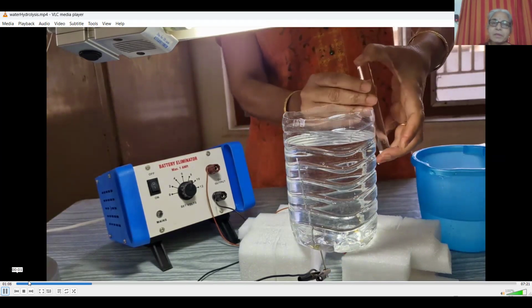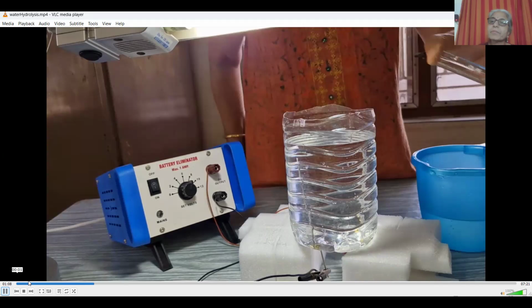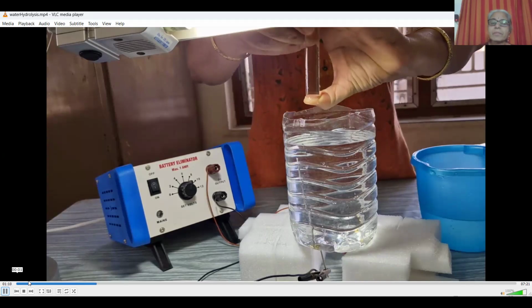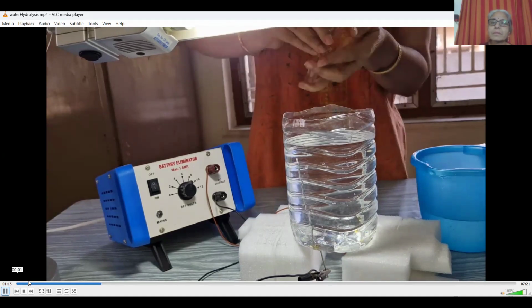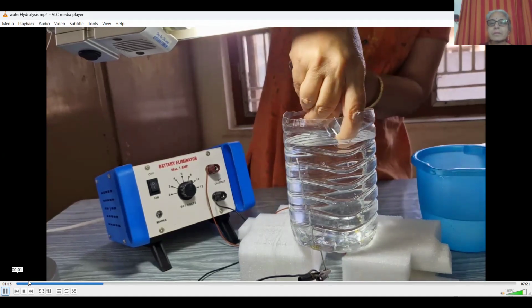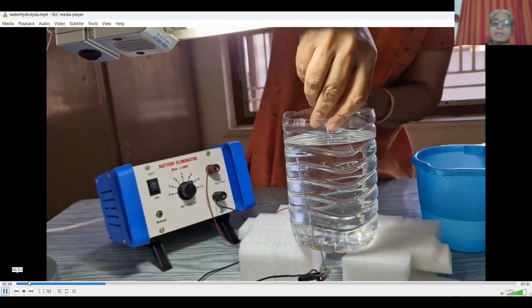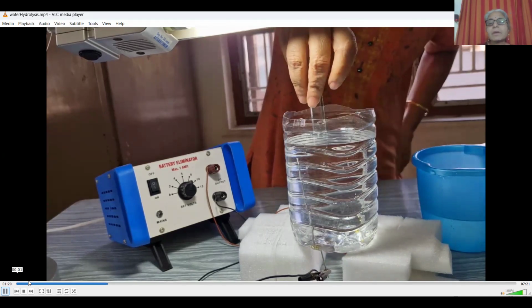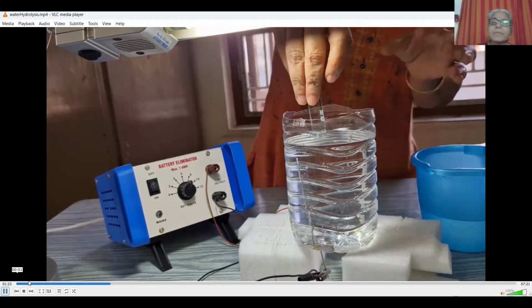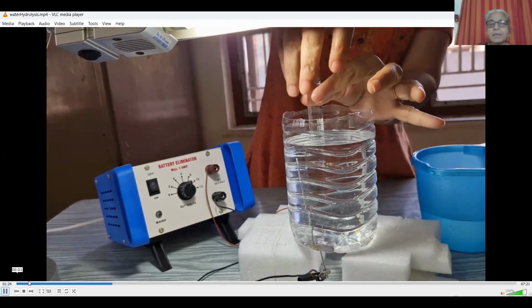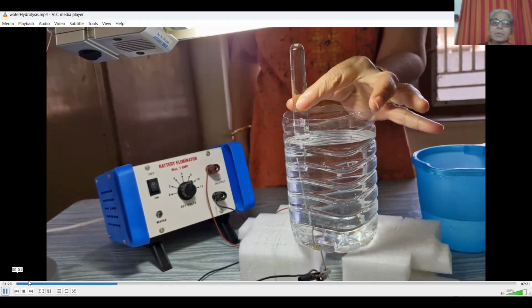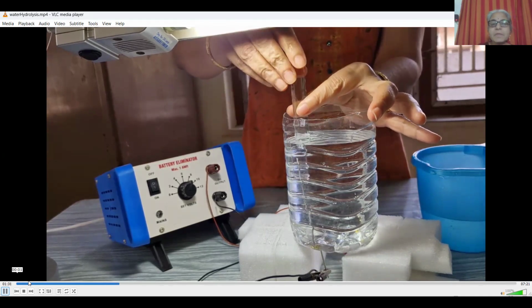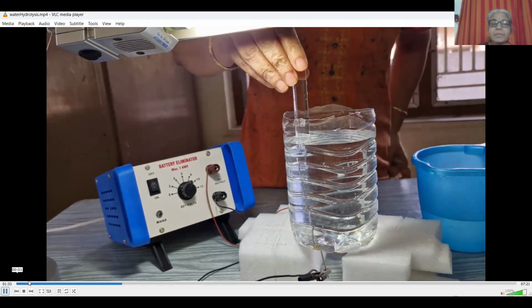The battery has been switched off. Okay, once the mouth is underwater, I let go, I release it, and then the water in the test tube stays up. So now I position the test tube on top of the cathode.